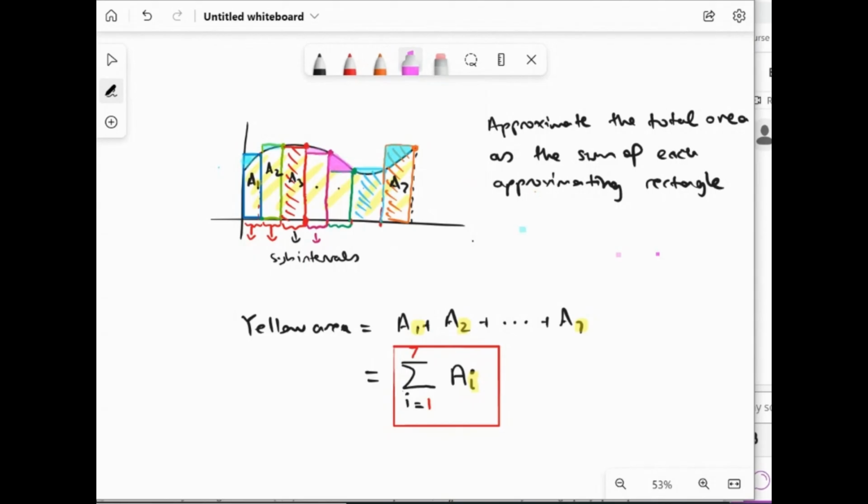Similarly here, so these parts, and in fact this one too, just a little piece. So we can say that these rectangles underestimated.